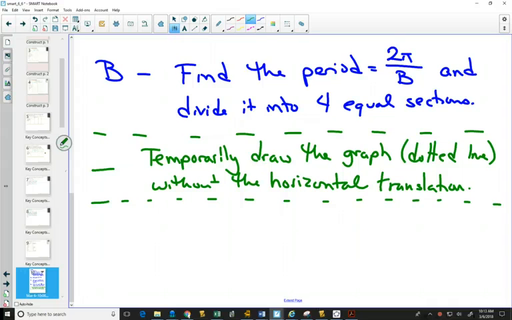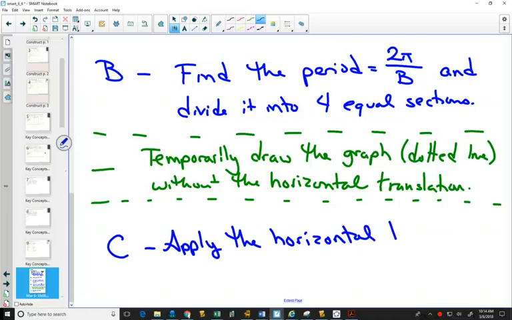That's the dash part in DAB-C. And finally, the C part, we're going to apply that horizontal translation.